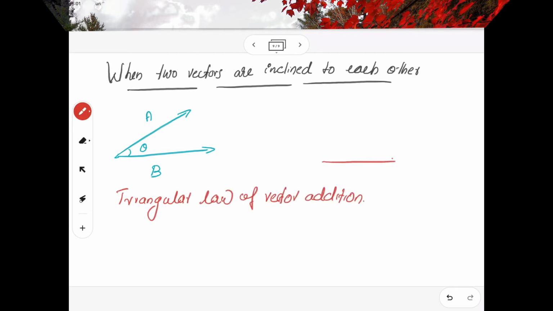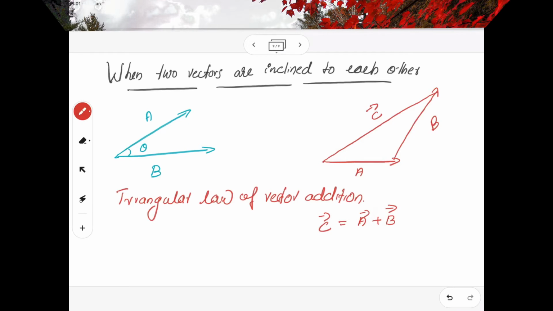This is vector A and this is my other vector B. I am going to add these two vectors, then the sum will be vector C. So I can write vector C equal to vector A plus vector B.